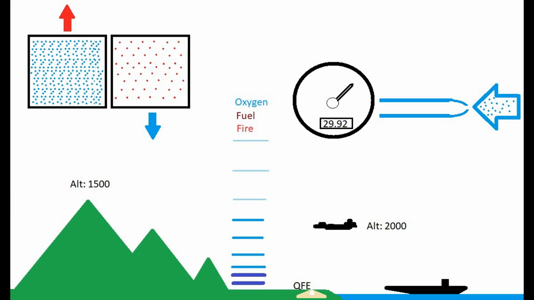So you need to be aware that it's actually quite important to get that QFE or QNH and dial that into the altimeter, because otherwise that altimeter is completely useless. It's up to you to put in the atmospheric pressure, and then it will give you the information back that you require. Garbage in, garbage out.